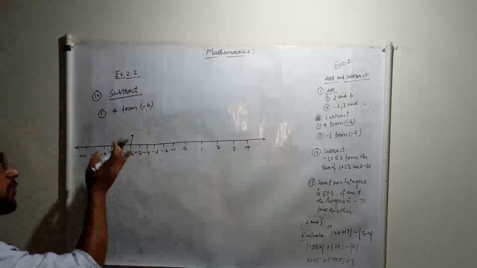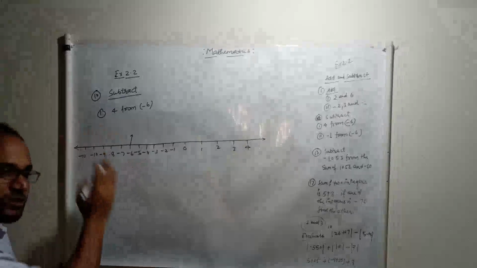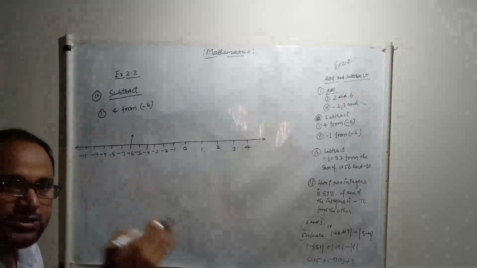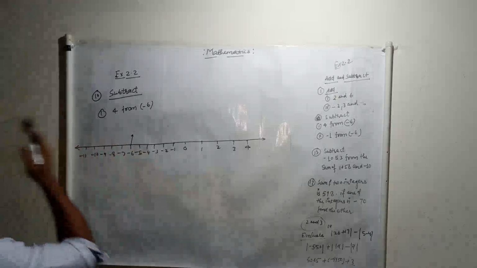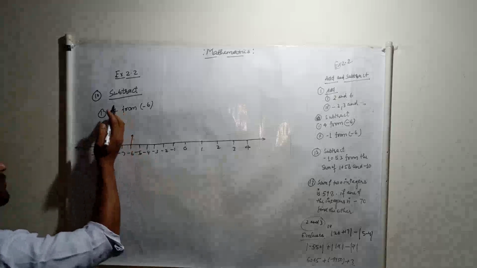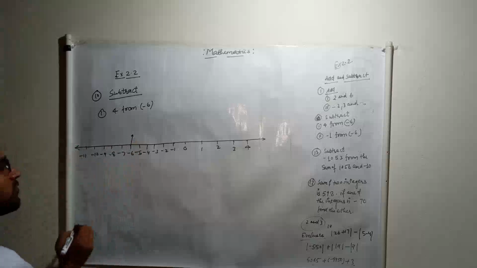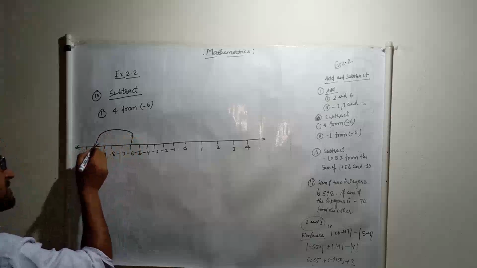And subtracting 4 from a negative integer: if you are subtracting any positive integer from any negative integer, then you move to the left side on a number line. From minus 6, 4 steps, you will move to the left side. 1, 2, 3, 4. Where will you reach? You will reach the point minus 10.